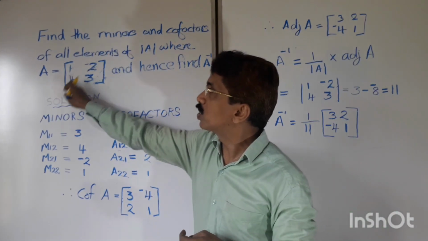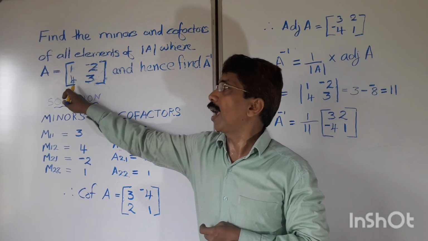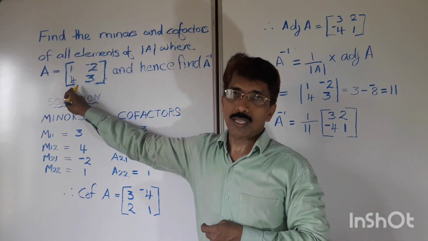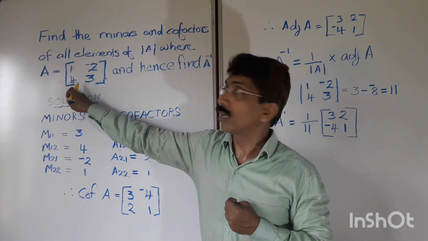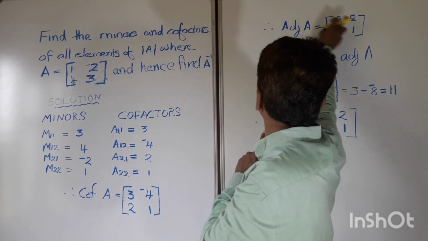And next, you change the sign of the other diagonal's elements. 4 becomes negative 4, and negative 2 becomes positive 2.